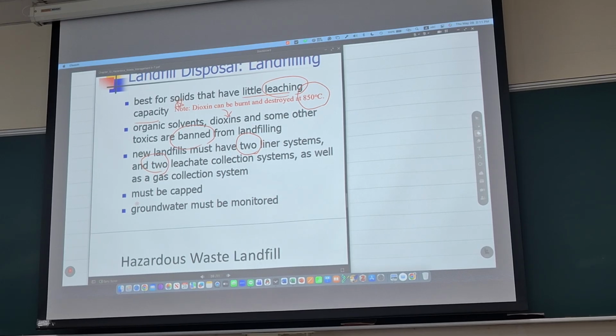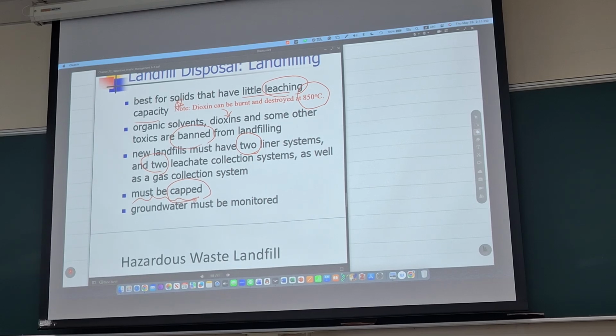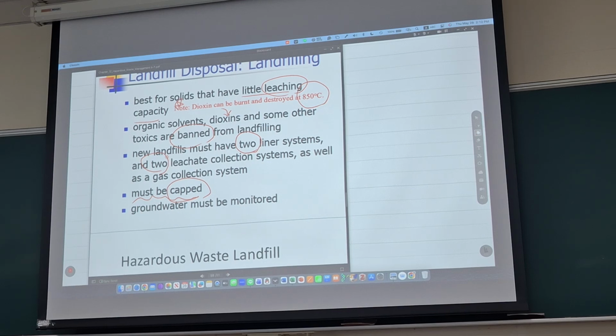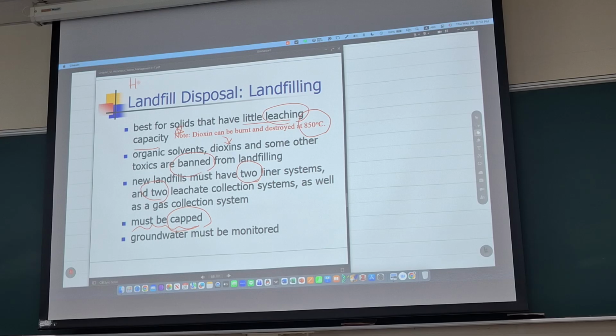But for hazardous waste, a cap must be kept. For hazardous waste, students, put this down.